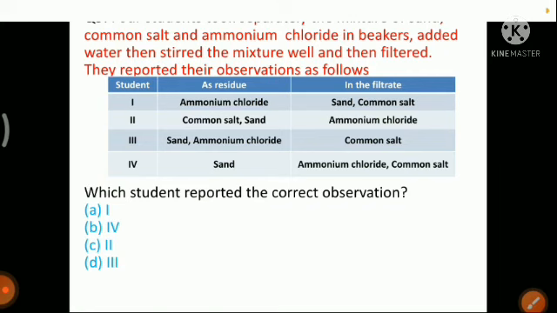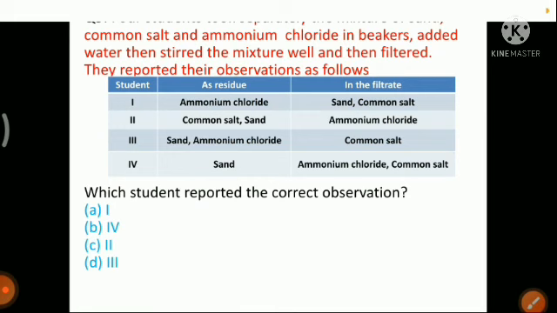So what we know is that common salt dissolves in water. Anything that dissolves in water will move along with the water and be present in the filtrate. You cannot dissolve sand in water. So whenever you filter a mixture containing sand and water, sand will remain as a residue and water will pass as a filtrate.